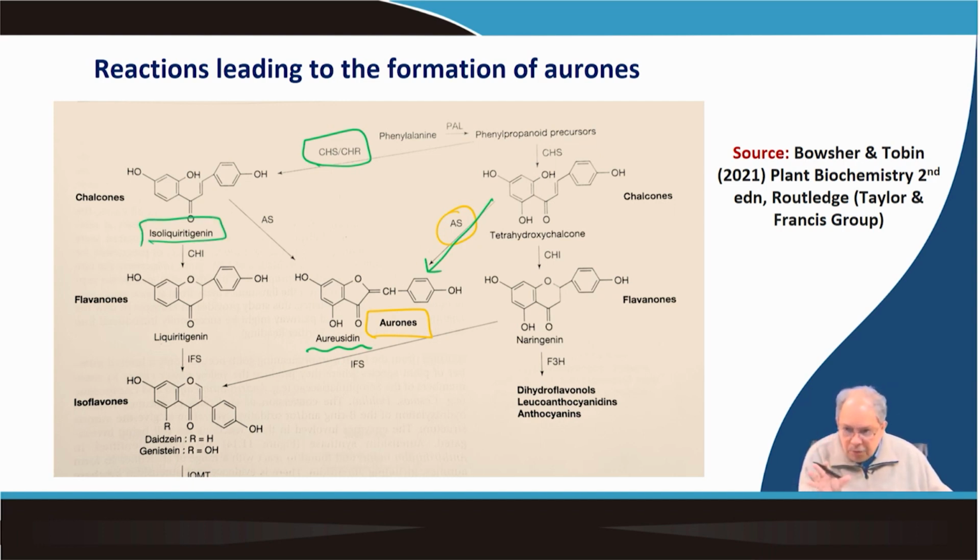Tetrahydroxychalcone is a chalcone which takes part in the formation of anthocyanidins for flower color. Another type of chalcone is called isoliquiritigenin, which is formed in legumes, and its main role is the formation of isoflavonoids. Once isoliquiritigenin is formed, by the action of aureusidin synthase it also makes aureusidin. So, these are called the aurones, and now we see how the other isoflavones are formed.